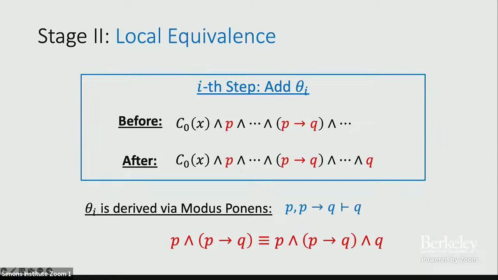You can see the functionality equivalence for the circuit before and after we add θi can be argued by only looking at this subcircuit. So we can argue the functionality equivalence locally.